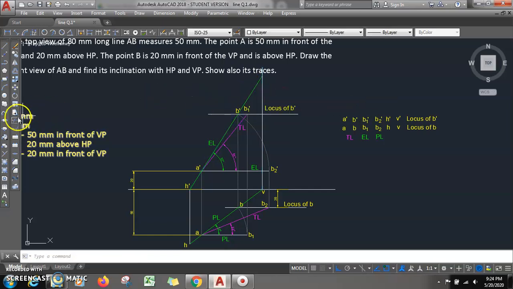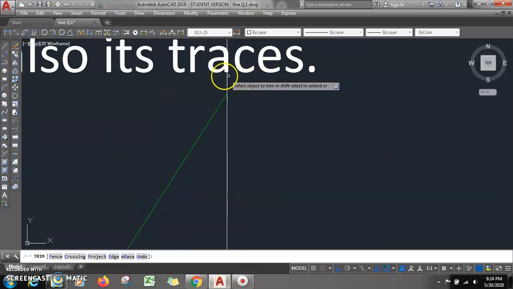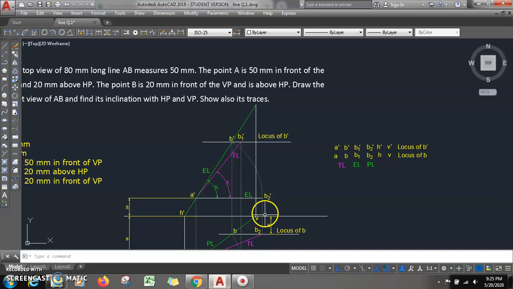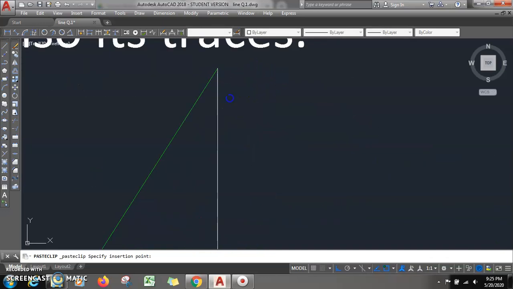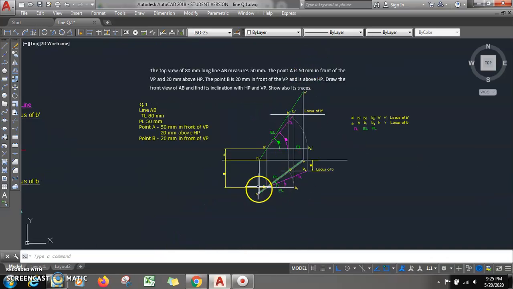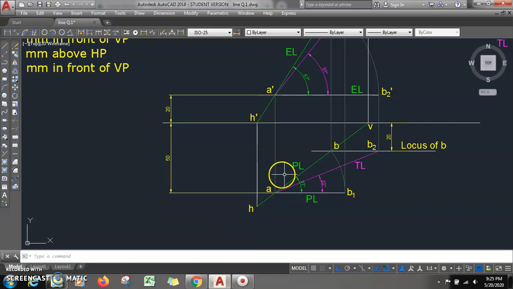You see, the axis line you can trim. This point is V, and this point is called V dash. So V dash is your vertical trace, and H dash H is your horizontal trace.